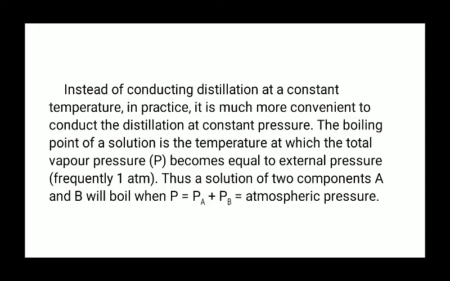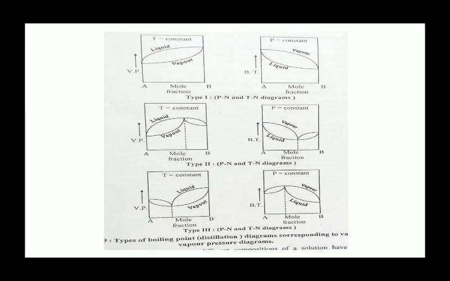Thus, the solution of two components A and B will boil when P is equal to PA plus PB, which is equal to atmospheric pressure. This is the simple type of boiling point diagram corresponding to the various vapor pressure diagrams.